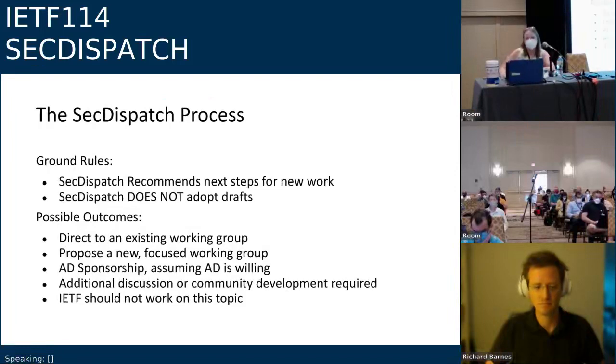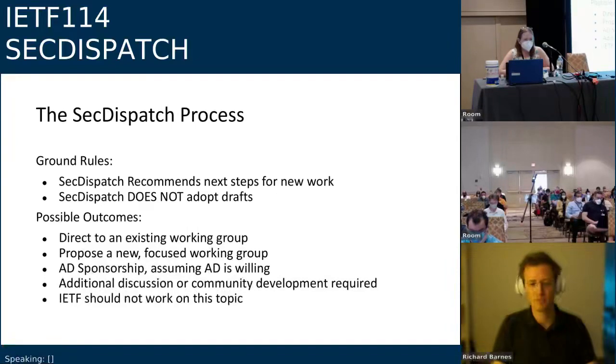So now the Secdispatch process. Secdispatch is here to recommend next steps for work, as an aid to the area directors in terms of how documents get shepherded on. They have several possible outcomes, and this meeting is to help steer those outcomes by each of you reviewing the documents and providing feedback, listening to the presentations, and helping to determine the possible direction. So it could be that we direct it to an existing working group.